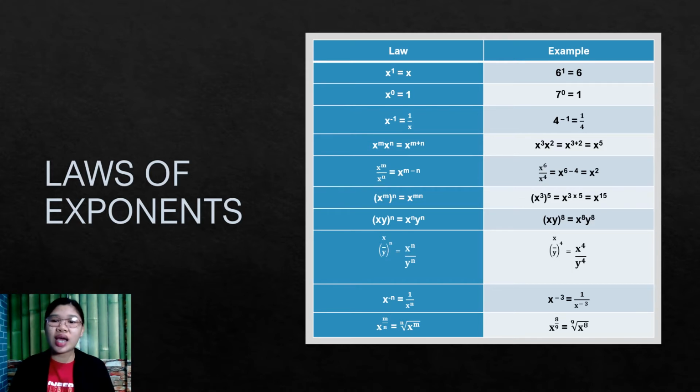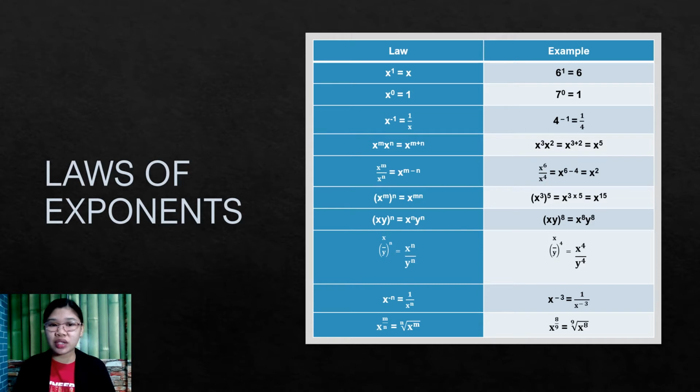And then next we have any number or variable raised to negative 1. That means it will be in the denominator, for example in here, x to the negative 1, the exponent will be positive provided that it will be in the denominator part.